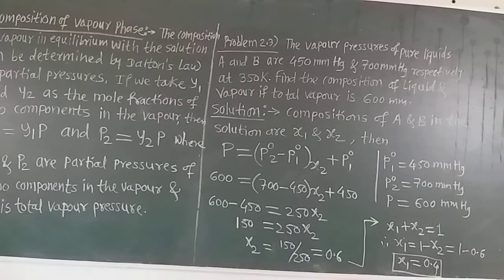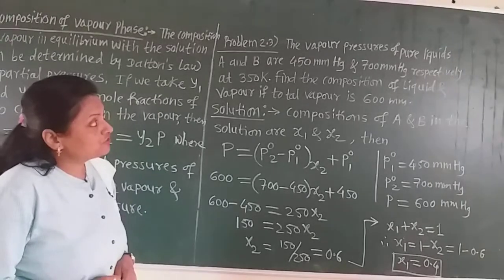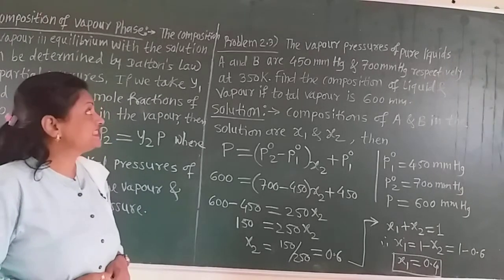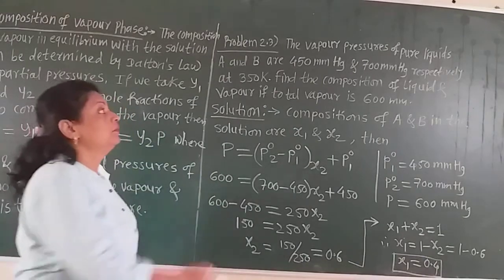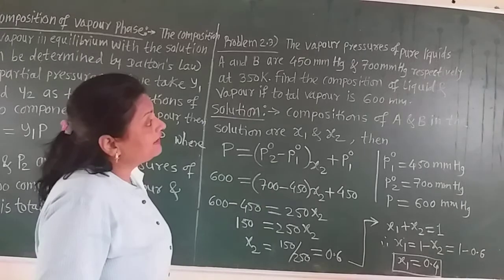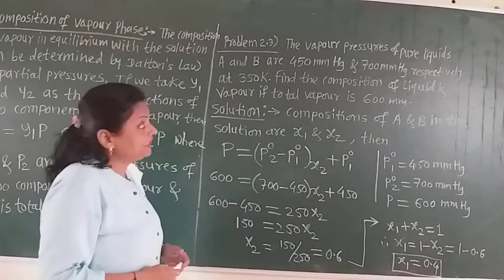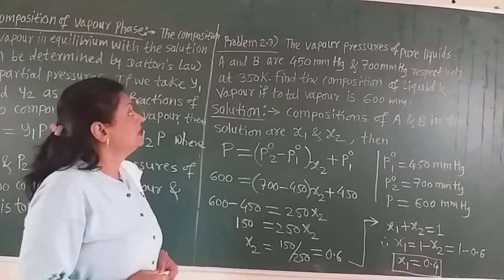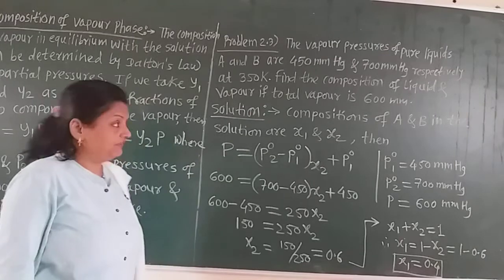Now what is given in this problem 2.3? The vapor pressures of pure liquids A and B are 450 mmHg and 700 mmHg respectively at the temperature 350 Kelvin.